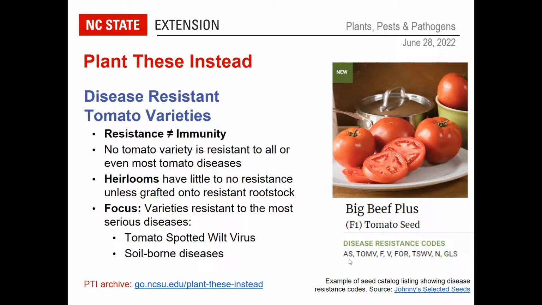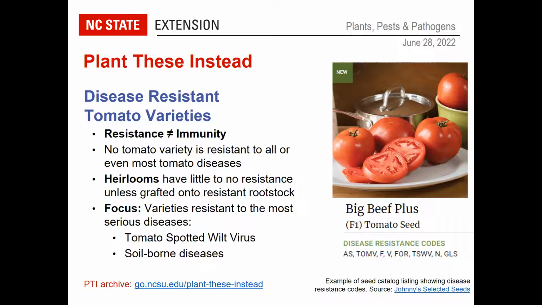But before we jump to our next slide, I wanted to mention, over here on the right, we have a typical listing you might find in a good seed catalog. As Mike mentioned, you used to always see these resistance codes on tomato labels and in catalogs. And I think, in an effort to make things more simple, a lot of companies have stopped listing these specific codes, and they just say disease resistant.